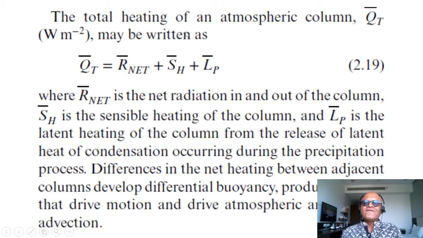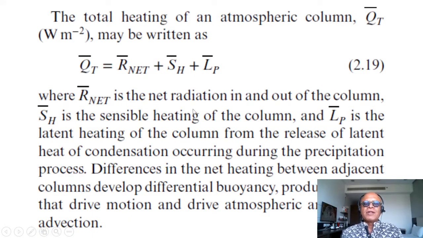The total heating of an atmospheric column, Q bar T, where the bar is always an average over space and time, depending on whether it's just space, just time, just longitude, just latitude, etc. In watts per meter squared, we can write it as a balance between net radiative forcing, which is shortwave and longwave balance, or the difference, and the sensible heat and latent heat fluxes.